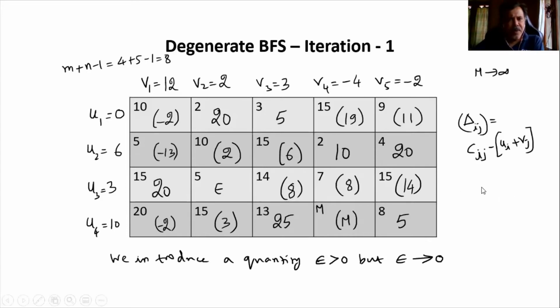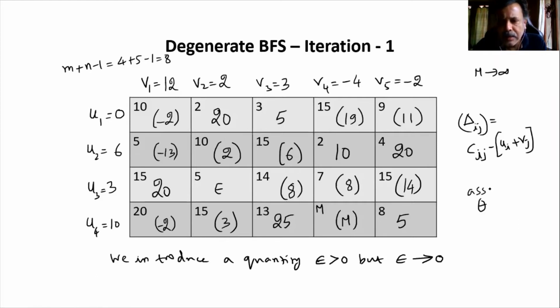Now, is this an optimal solution? No, because there are some of the delta Ij's which have got a negative sign in them. Here it is negative 2, here it is negative 3, here it is negative 2. Means how do we proceed? With the most negative delta Ij cell, that is this cell, we have to assign a quantity called theta.